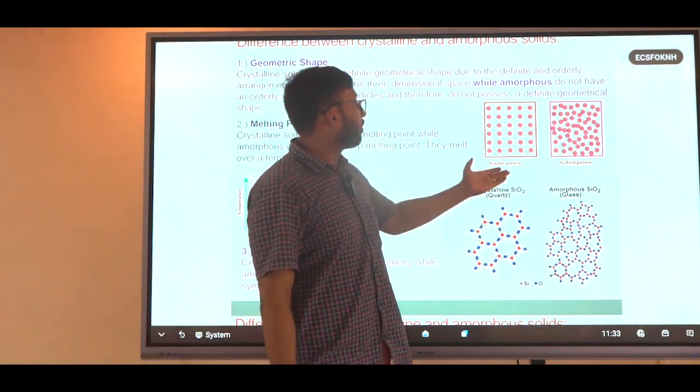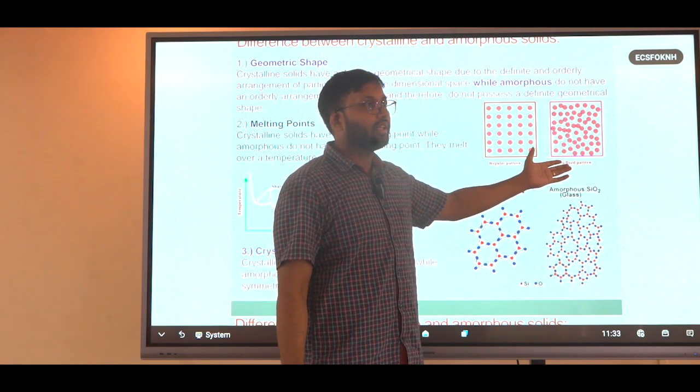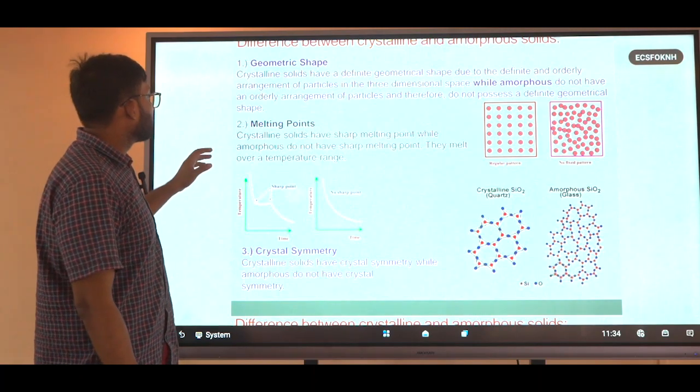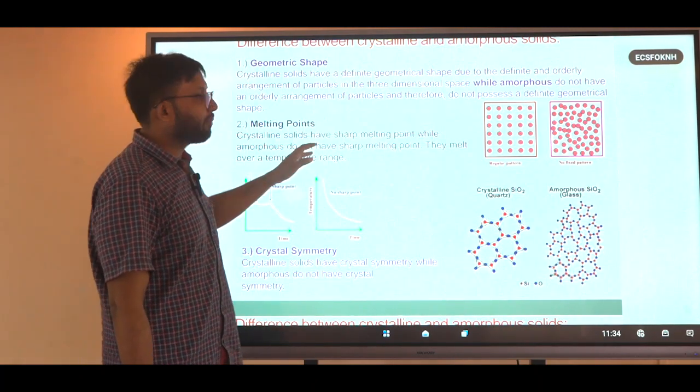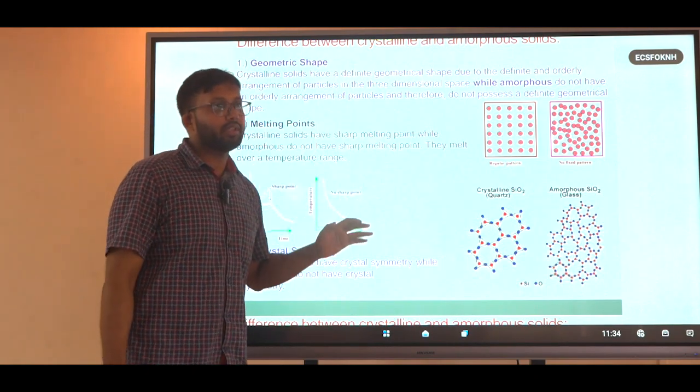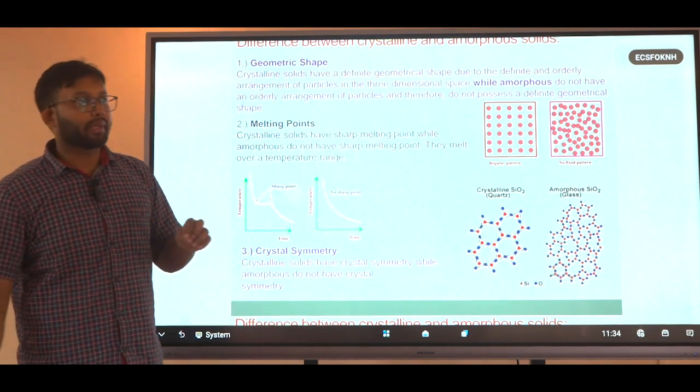One is a regular pattern, another is an irregular pattern. The second difference is melting points. Crystalline solids have sharp melting points, whereas amorphous solids do not have a sharp melting point. They melt over a range of temperature.